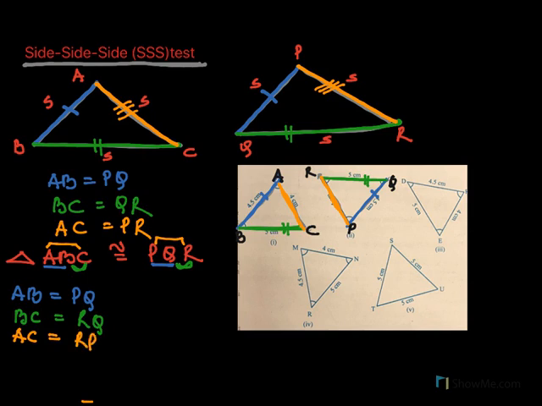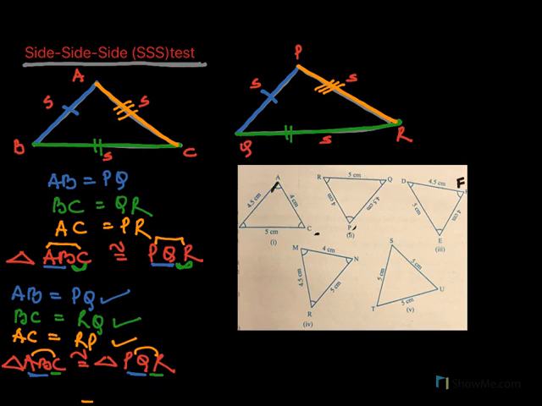Therefore we can say triangle ABC is congruent to triangle PQR. We need to check if we have written it correctly. AB was equal to PQ, right? BC was equal to RQ, right? And AC was equal to RP, and this was right.